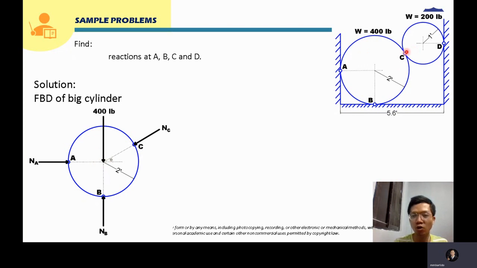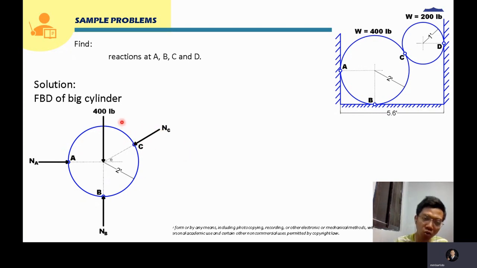Okay. So also for point C, here at point C, this small cylinder will also provide a support for this larger cylinder. So it will provide a normal force.